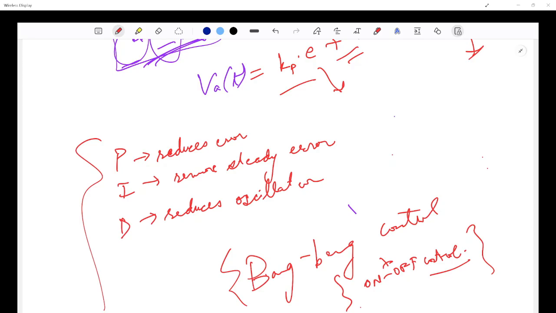Whereas if we talk about washing machines, do you think there is a closed loop control there?